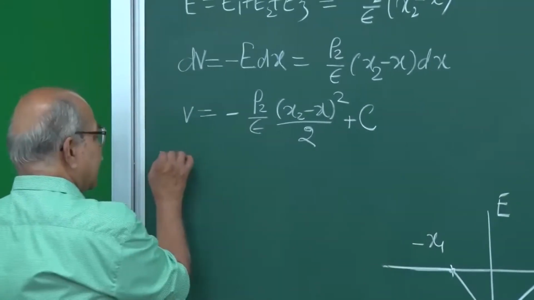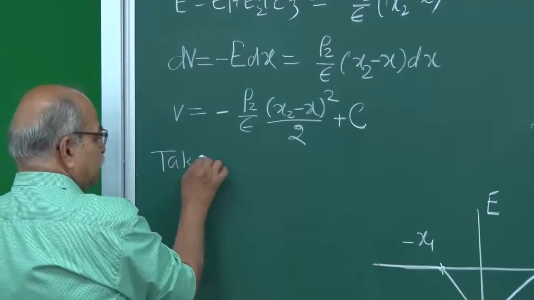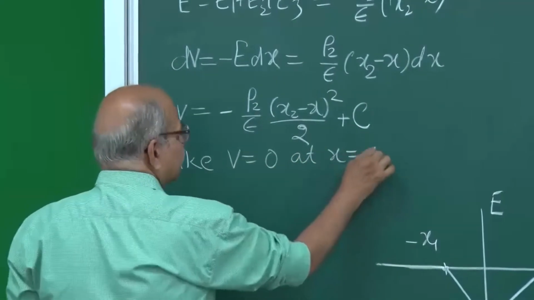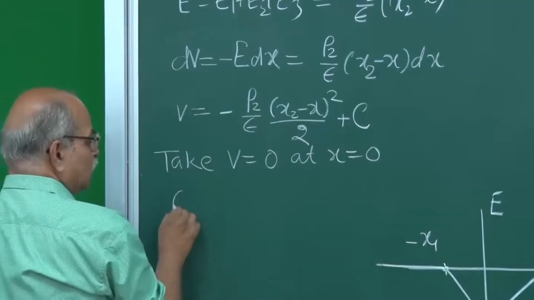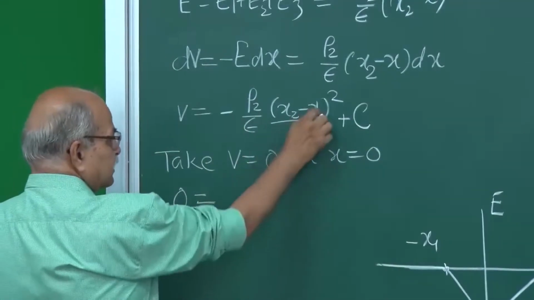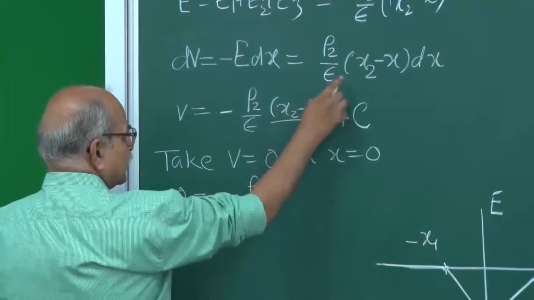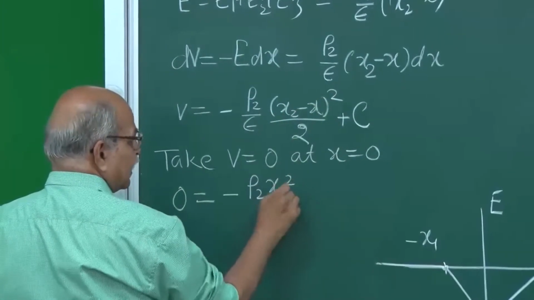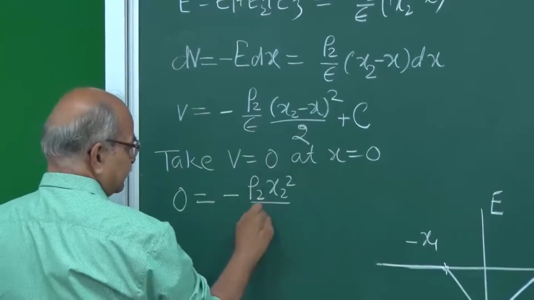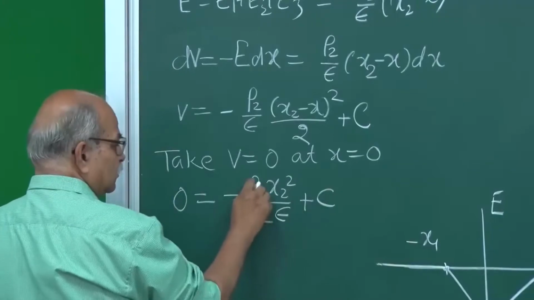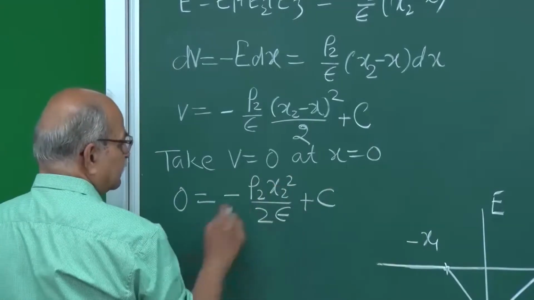So, take V equal to 0 at x equal to 0. Then 0 is equal to minus rho 2 times x2 square divided by 2 epsilon plus c. So, c is rho 2 x2 square by 2 epsilon.